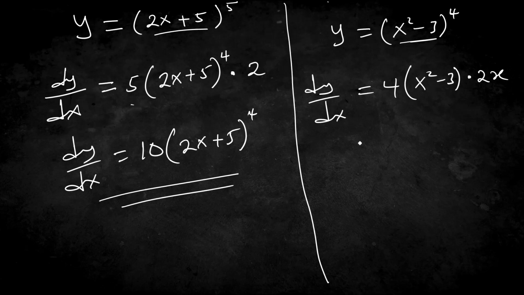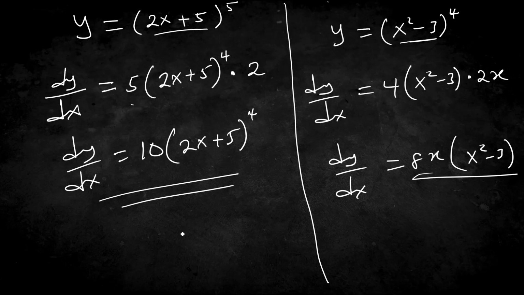So that will be 2x. So my dy/dx will be 8x(x squared minus 3) cubed. Okay, so that's that.